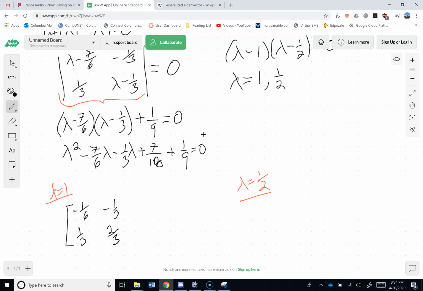Oh, good. The hesitation I was just experiencing is stemming from the fact that for some reason it wasn't obvious to me that the top row is a multiple of the bottom row. Because fractions are hard, I guess. And this should be augmented by 0, right? Because I'm looking for what vector gives me the 0 vector out after I multiply.